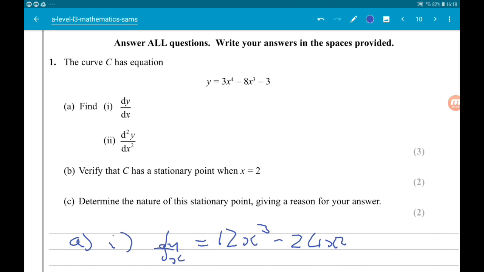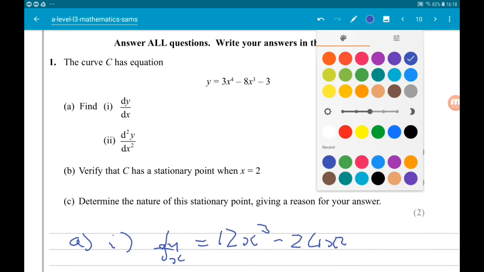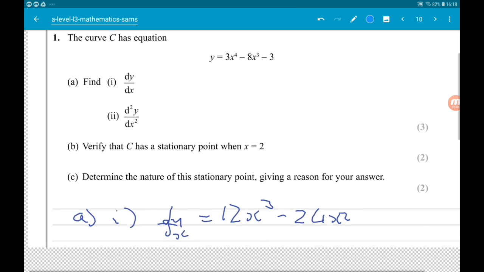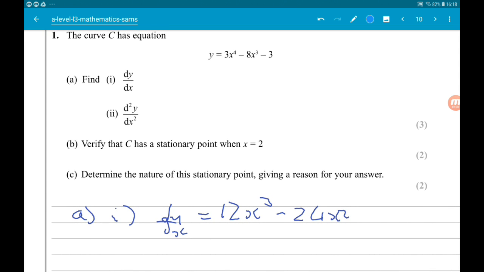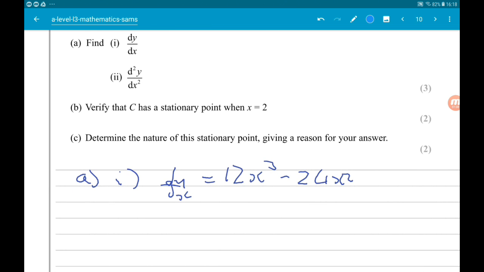Okay, then part 2 wants us to find d squared y over dx squared. So the second derivative. 12x cubed is gonna differentiate to 36x squared.